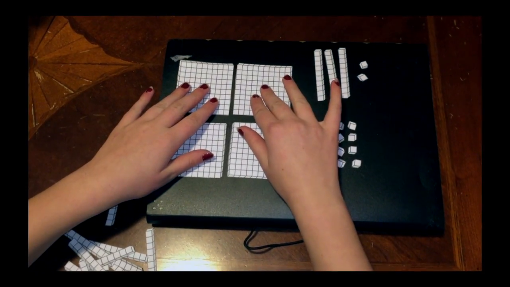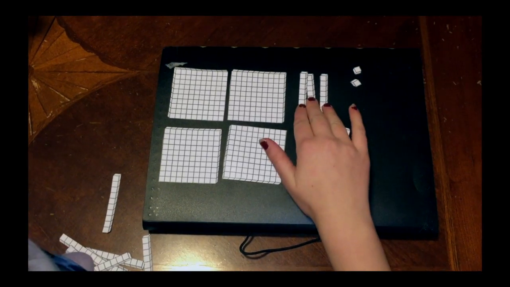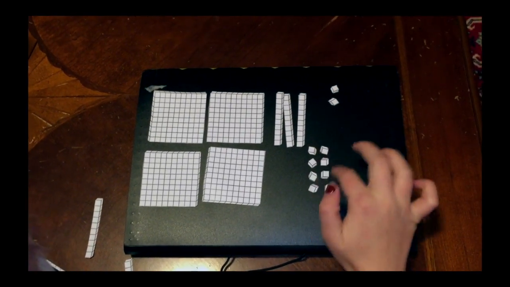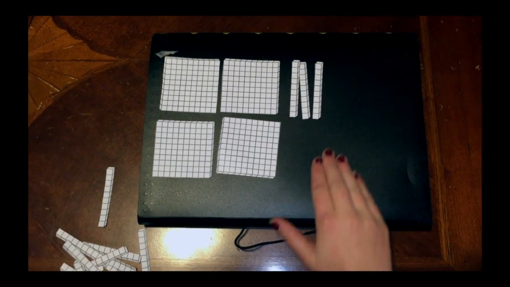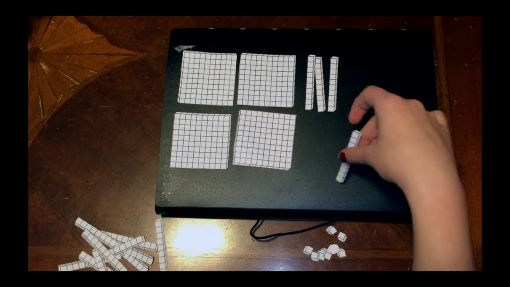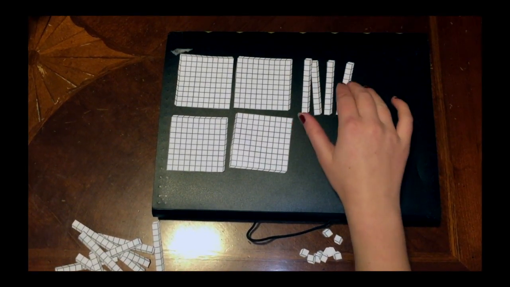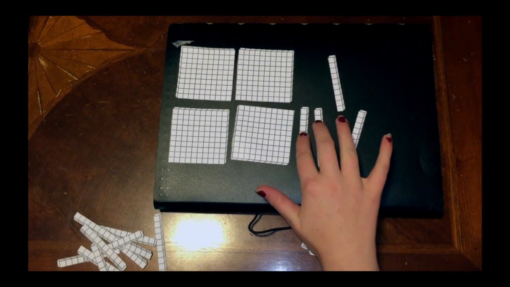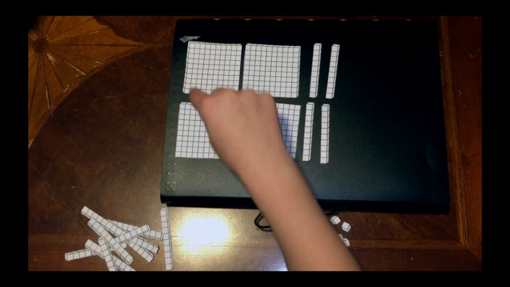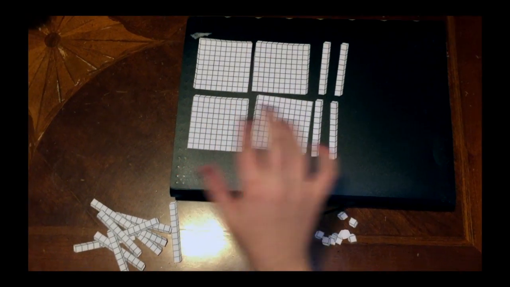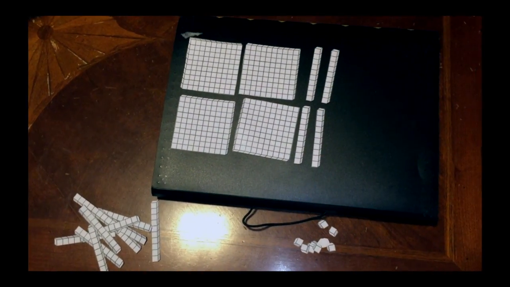So now I've got 400 over here and 30, and then these guys, I've got 8 of these and 2 of these. I can bring the 2 over here, that makes 10, and then I can wipe those off and trade them in for another 10 rod. So I can bring those down, and I can see that I have 400 and 40.